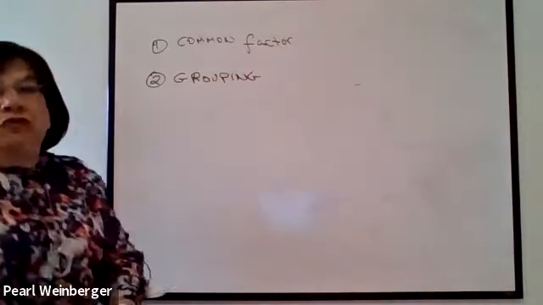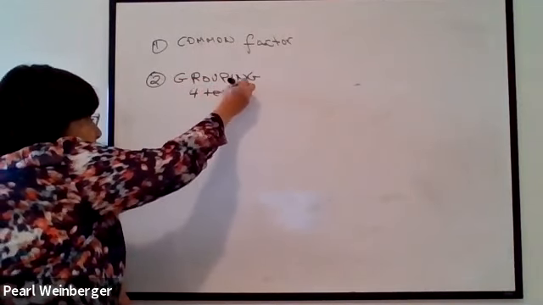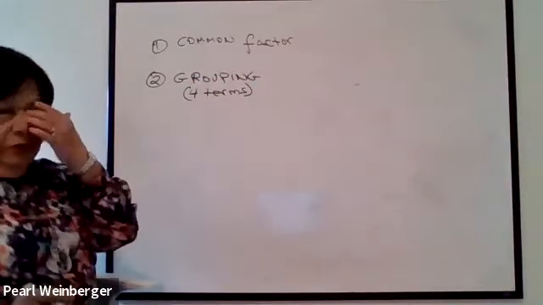We do factoring by grouping basically when we have an expression that has 4 terms. A polynomial, we don't call it a trinomial because it's got 4 terms. It doesn't have just 3 terms.